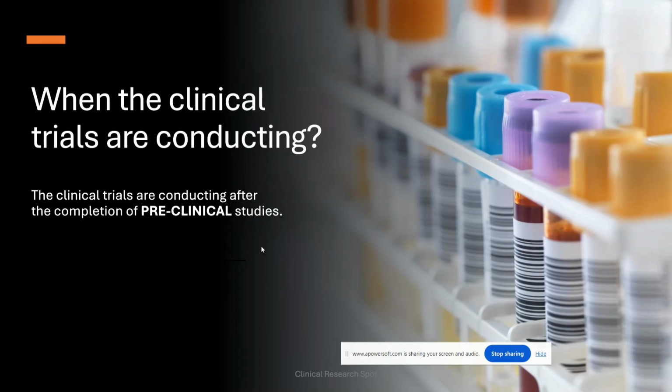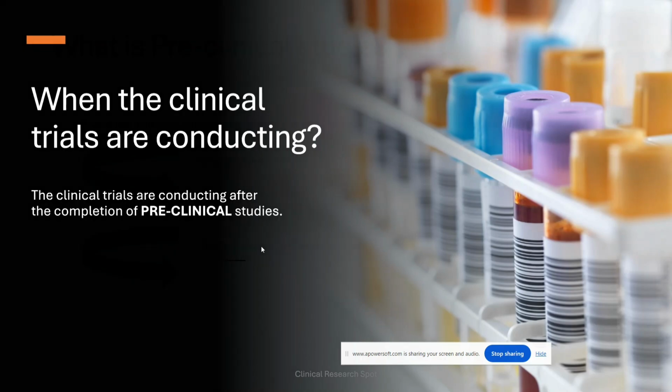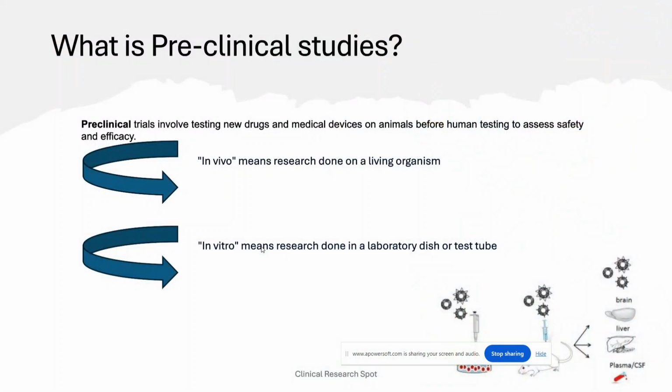Clinical trials are usually conducted after the completion of preclinical studies. So what is a preclinical study?